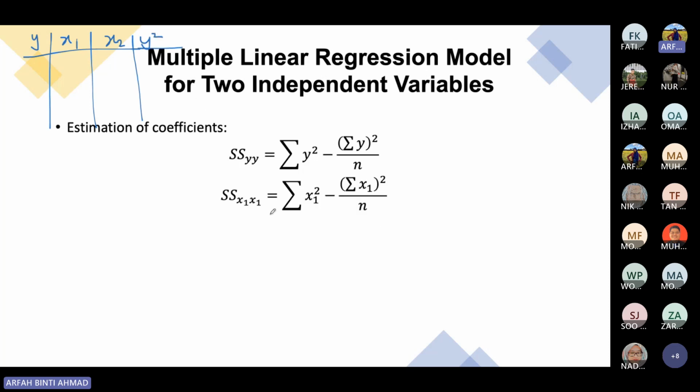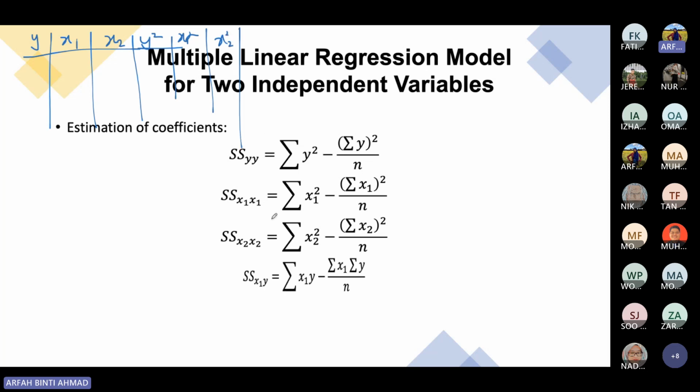And then you are going to have summation of x1, sum of squared for x1. So you have another column for x1 squared. And then you will have another one, x2 squared, sum squared of x2. So you will have an x2 squared column as well. And then you are going to have x1 multiplied with y, the summation.